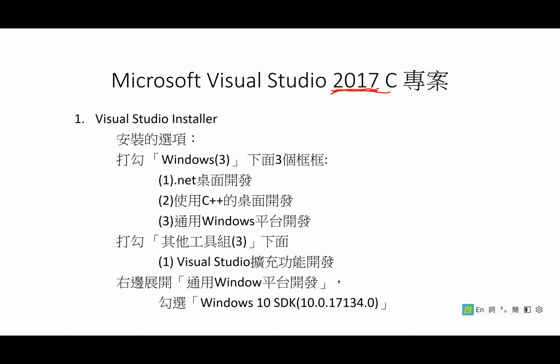Okay, let's see how you install this Microsoft Visual Studio. It's called Microsoft Visual Studio 2017, and to install is easy. You can download it from the university's official information website.